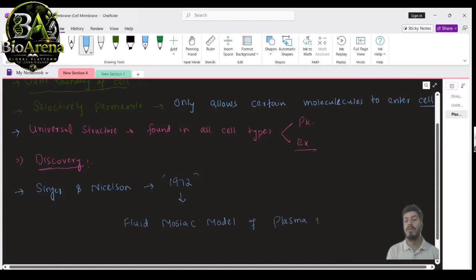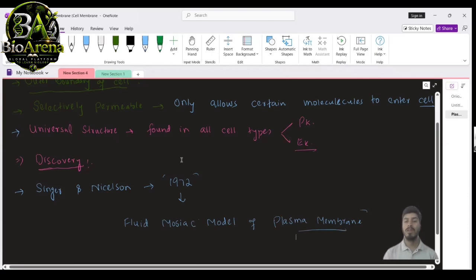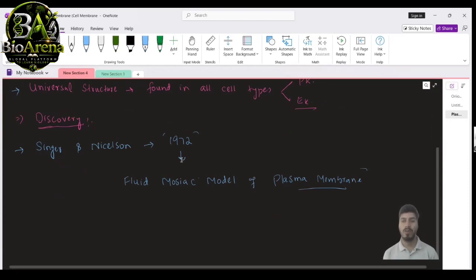What is this model? In this model, they said that the plasma membrane is semi-fluid in nature, or in other words, quasi-fluid in nature. It means it is not completely solid and not completely liquid. It is intermediate. Take the example of honey. Honey is not completely liquid. It is semi-solid, we can say.